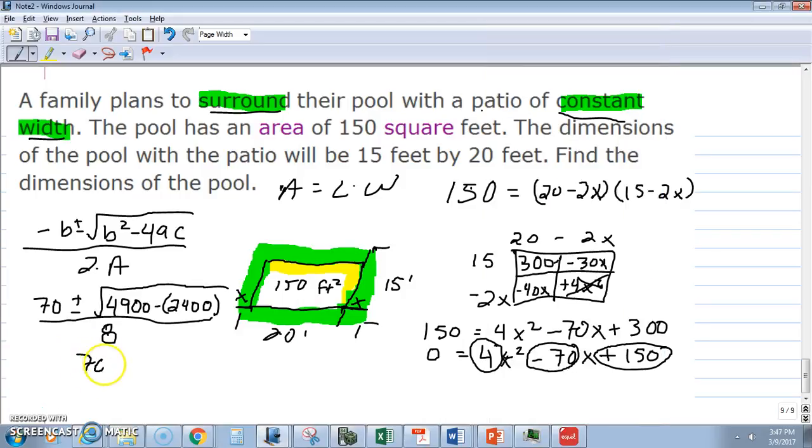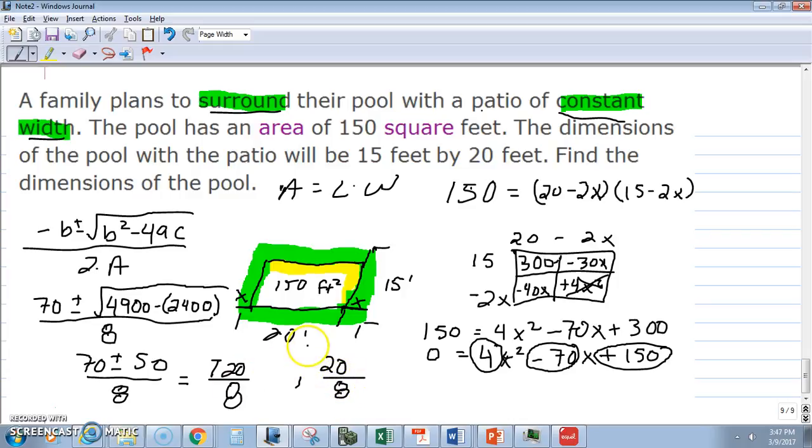I have 70 plus or minus 50 all over 8. So one answer is 70 plus 50, which is 120, divided by 8. And one answer is 70 minus 50, which is 20, divided by 8.